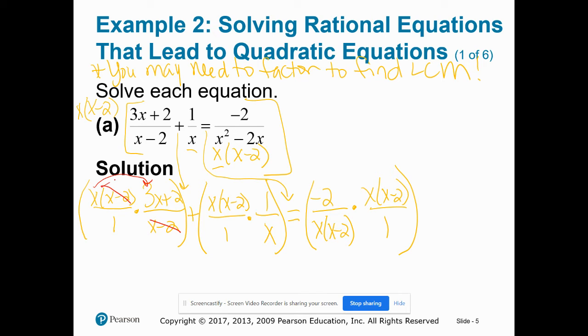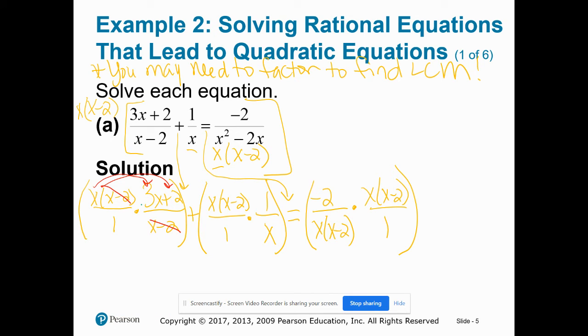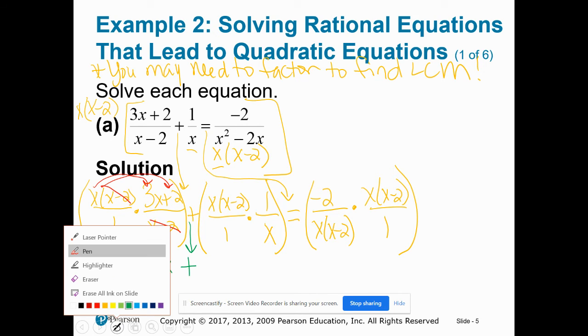So I'm distributing the x to the 3x and 2. X times 3x is 3x squared. X times 2 is 2x. Bring down that addition sign.